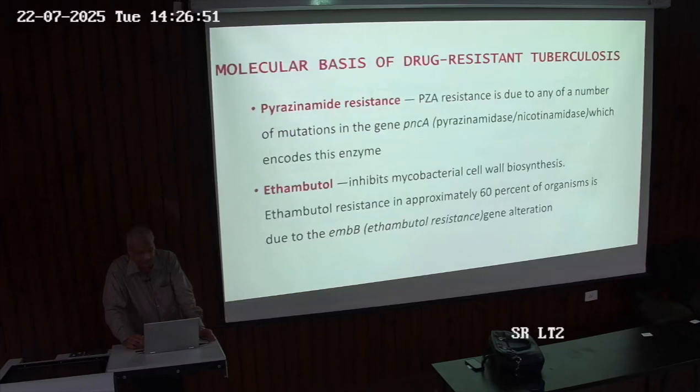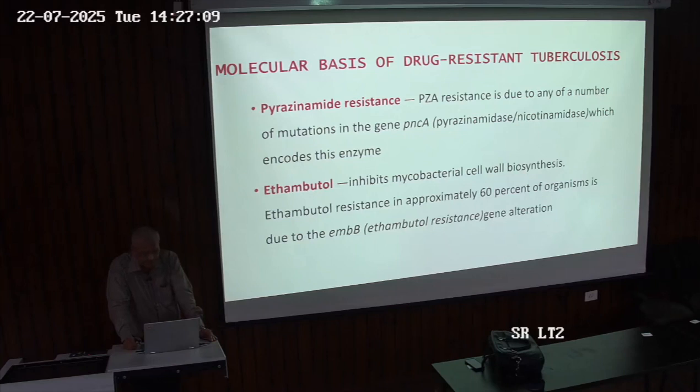Then PZA resistance is due to any of a number of mutations in the gene pncA. This can lead to pyrazinamide resistance. So, all four important drugs have mechanisms attributed to genetic changes.